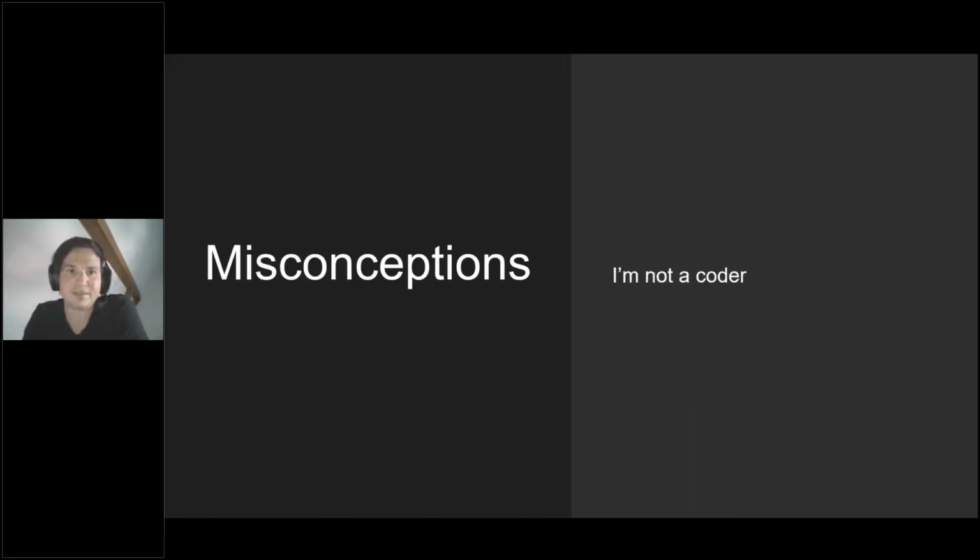The second misconception is that I'm not a coder, so how do I reverse binaries? As I said before, assembly lacks all these abstractions. Reading assembly is kind of like reading a cooking recipe. The instructions we'll see are extremely simple.